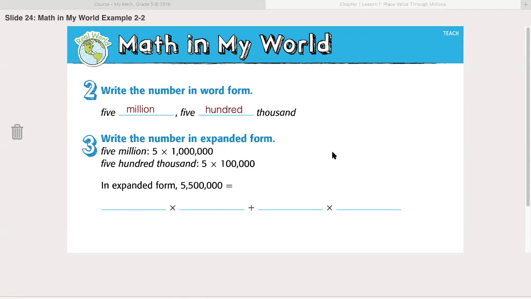If we write the number in expanded form, the way of writing a number as the sum of the values of its digits, we have to recognize that that 5 million is the same as saying 5 times 1 million. And that's really what they want you to draw out here. 5 times 1 million plus 5 times 100,000.